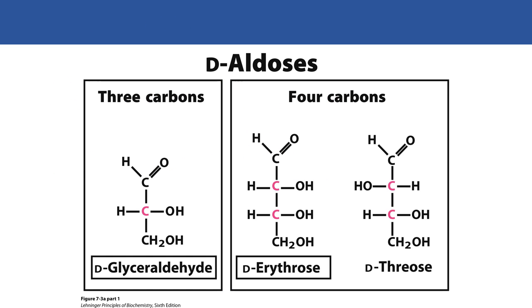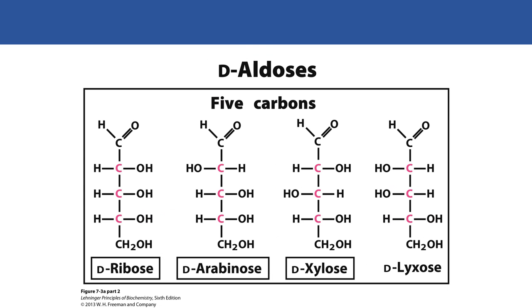Okay, so D-aldoses, we've already kind of shown this. The important part again is to note the chiral centers. Here are the ones that are just memorizable as well. You're going to want to memorize these. We'll see glyceraldehyde a few more times, as well as some of the other D-aldoses.